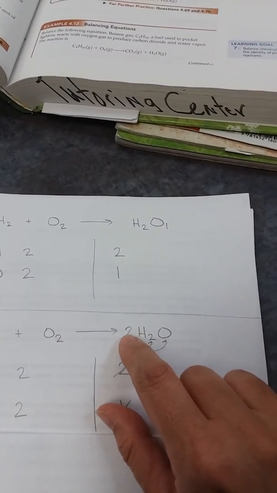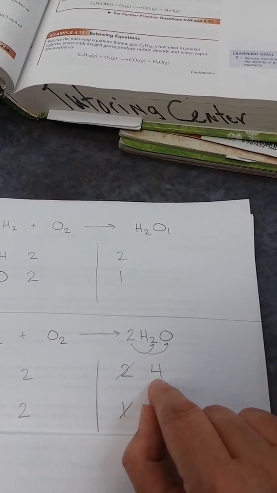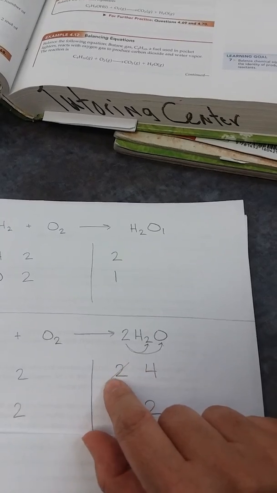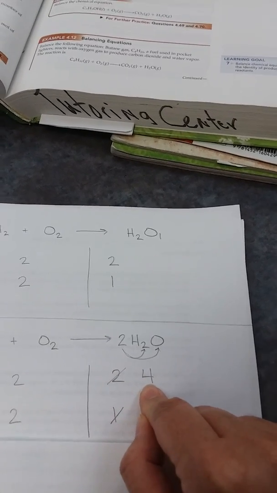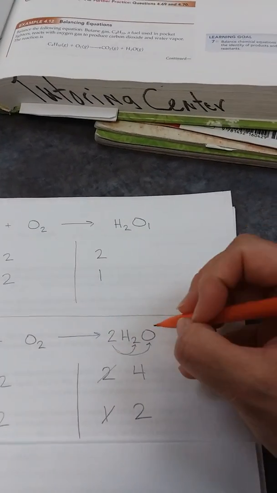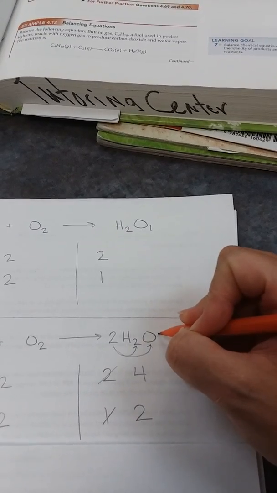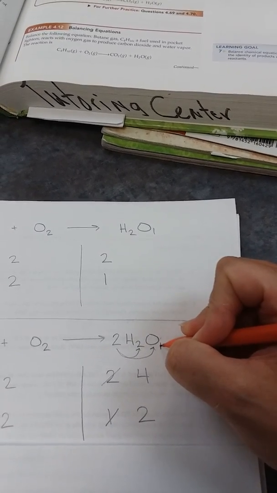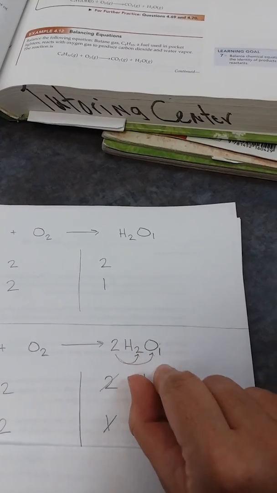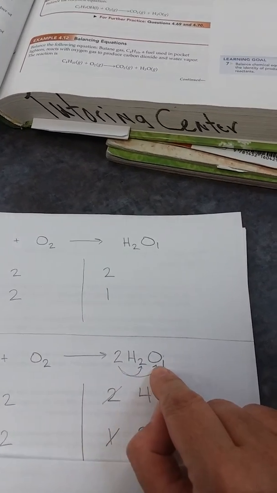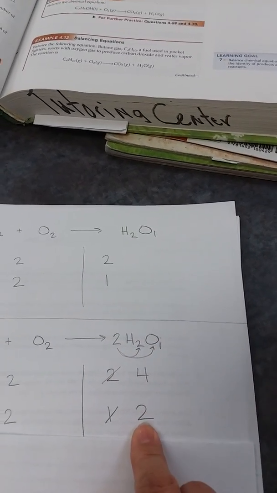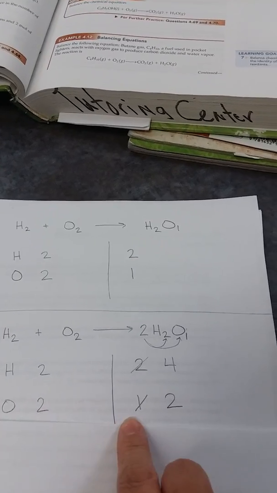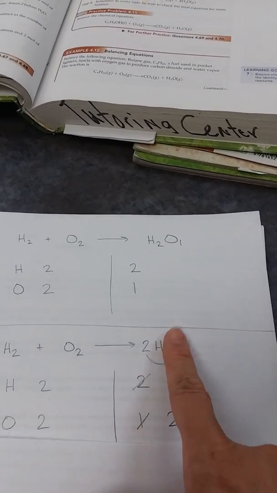I say 2 times 2 is 4. And so I cross this out and I say 4 hydrogens is how much I have. And remember, we've got that understood 1 here. So 2 times 1 is 2. So I have 2 oxygens on this product side.